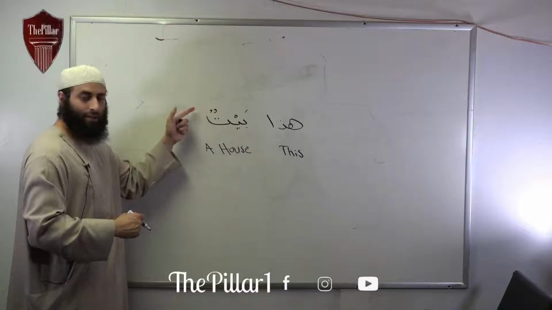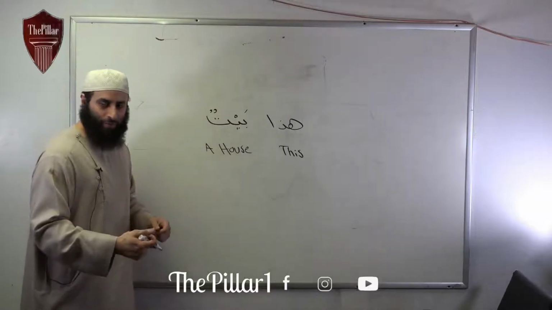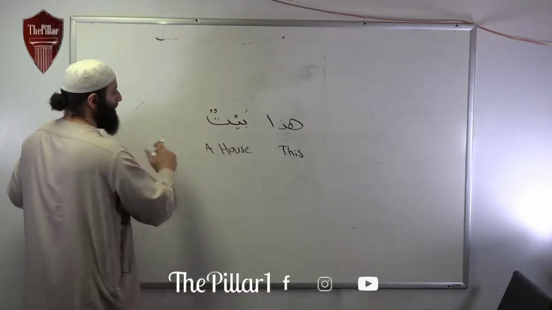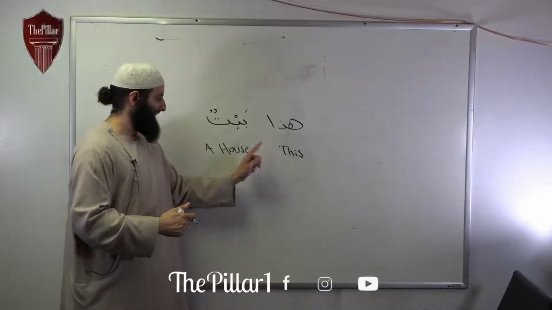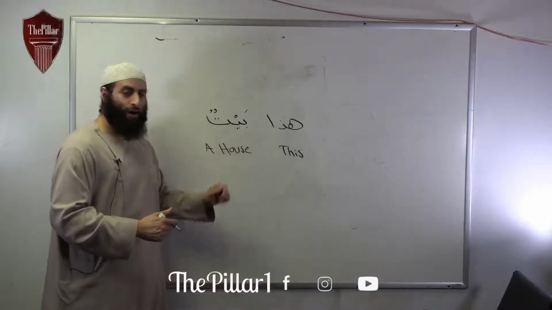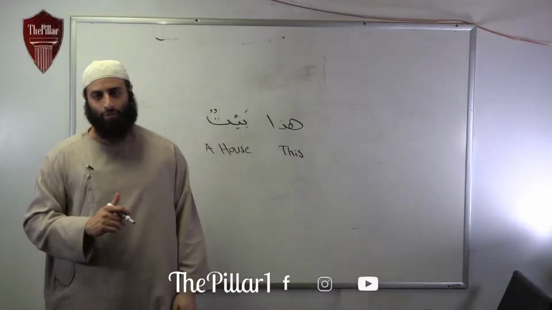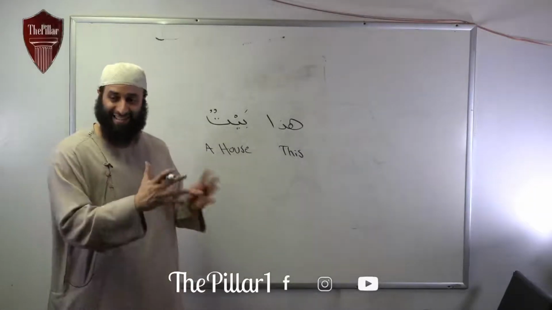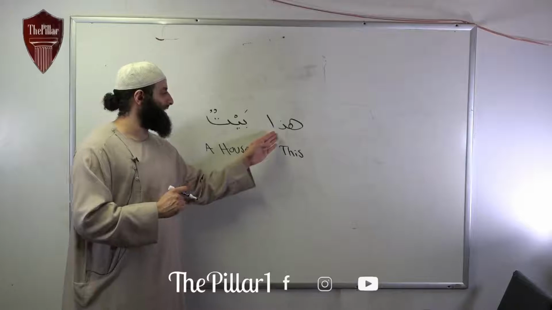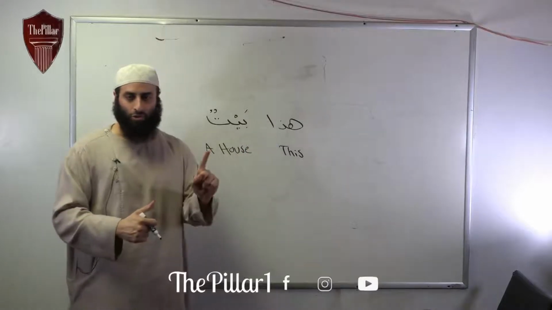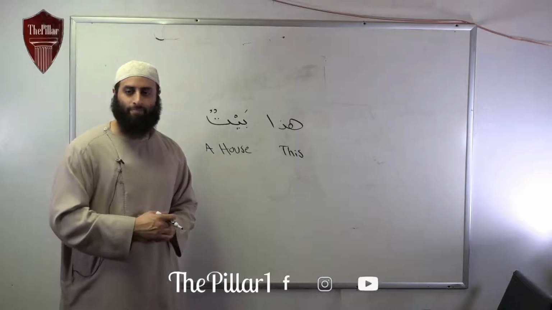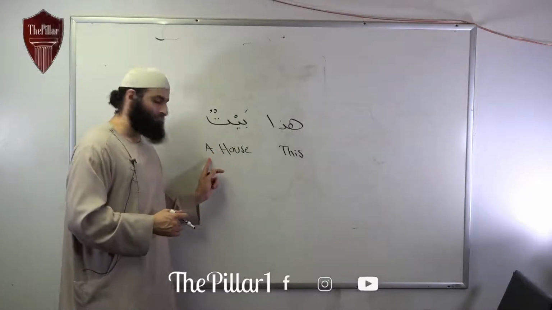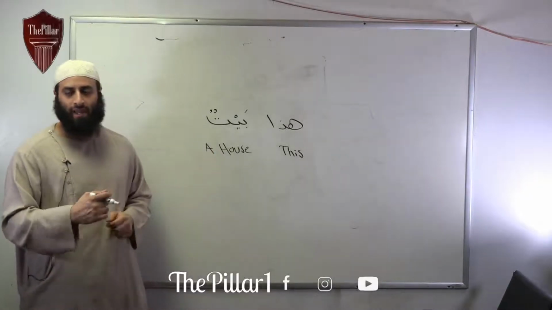That's what that tanween is identifying for you. So, when I say هذا, I'm actually saying this is a house. We don't have "is" in the Arabic language, where we need to require it separately. Just saying هذا بيت is already saying this is a house. So the tanween makes that A. That's correct. The tanween makes that A.